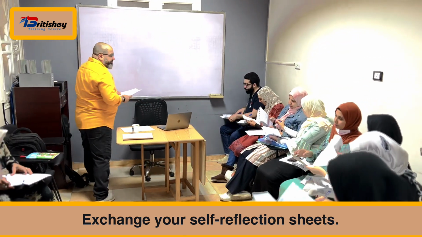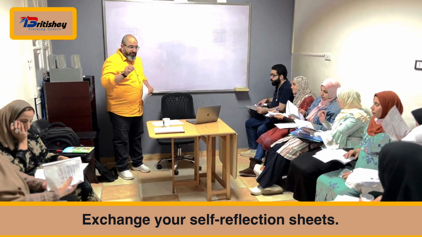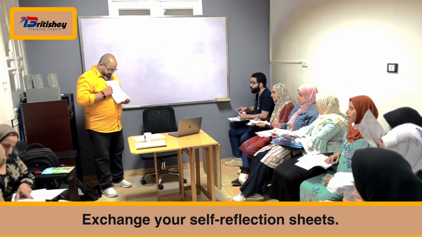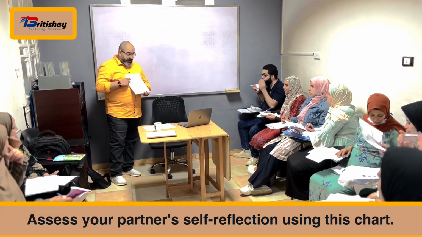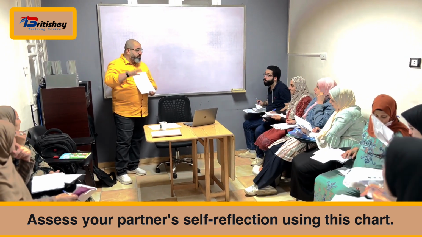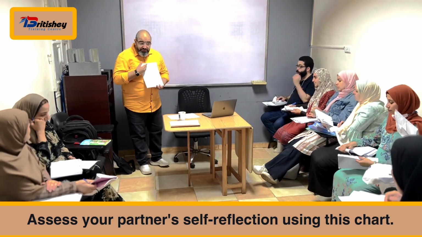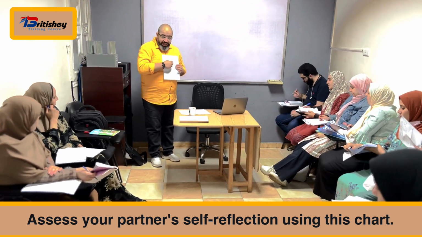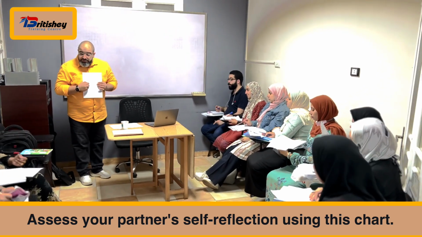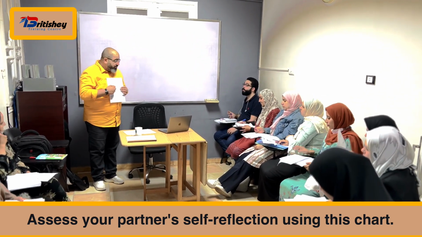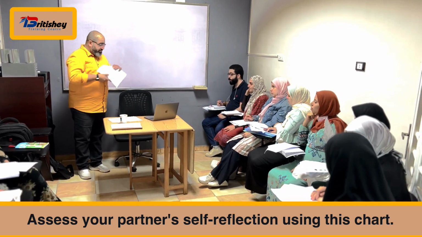Now, how are you going to check your friend's self-reflection? You have a chart here with how many criteria? One, two, three, four, five. Five criteria. Read your friend's self-reflection and tick the criterion your friend meets. Whatever criterion is met, just tick it. Okay? Good.